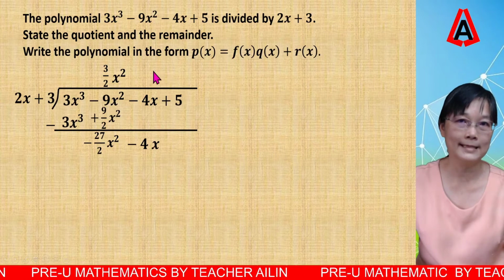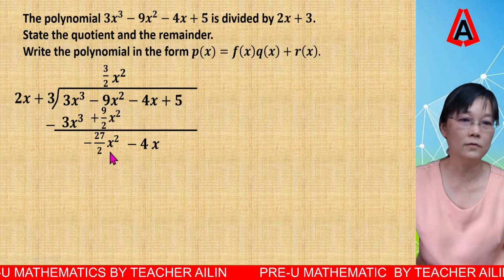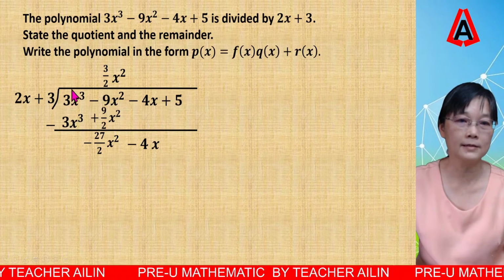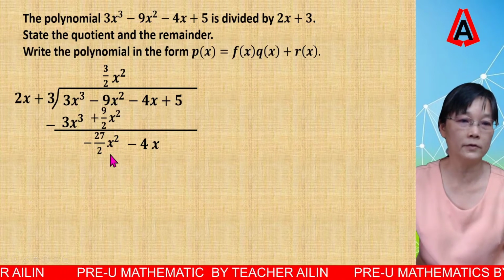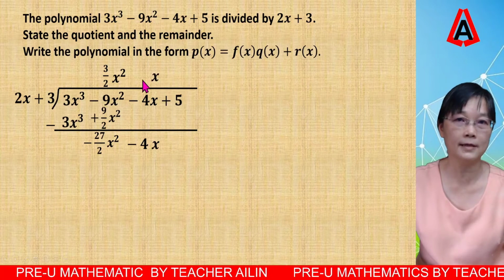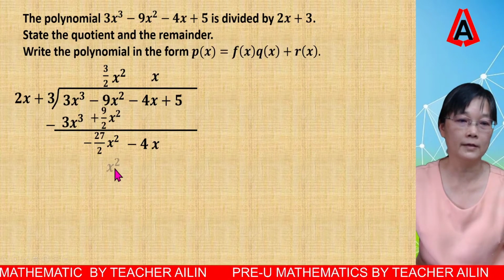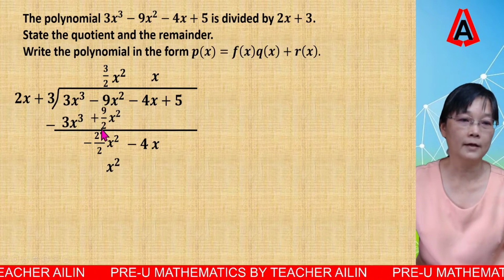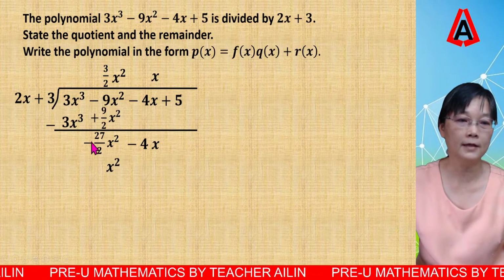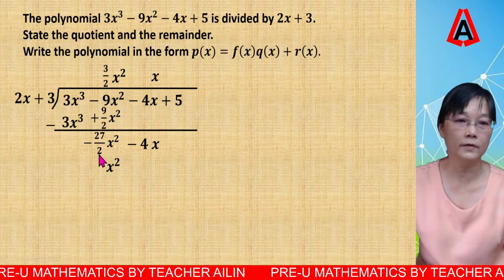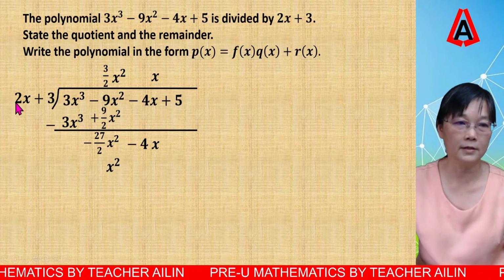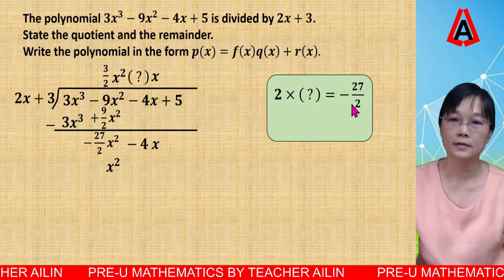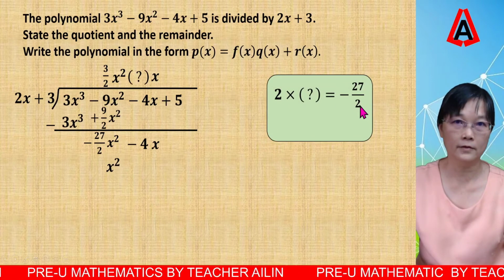Now we repeat the same step as just now. For the x first, we consider x times what to get x squared. Definitely it is x times x, we get x squared. Now in order to get negative 27 over 2, we should think 2 times what gives negative 27 over 2.